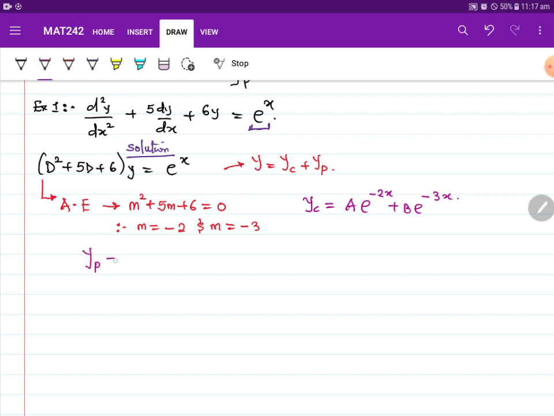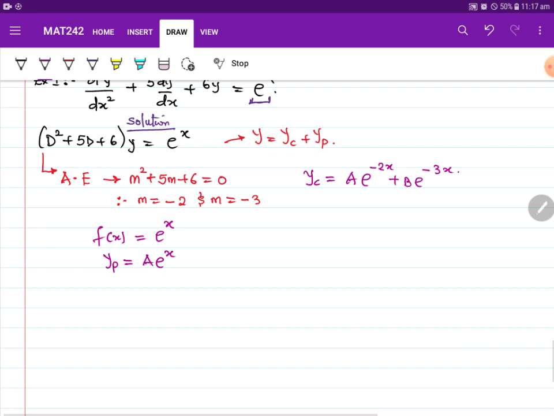Now, let's look for yp. Since f of x is equal to exponential x, then my yp is the same thing as A exponential x. So I can say that from d operator, which is d square plus 5d plus 6, acting on y is the same thing as exponential x.